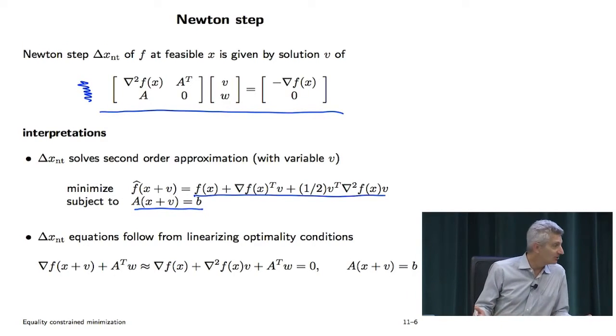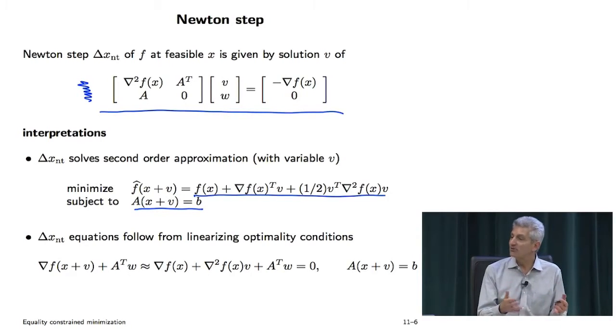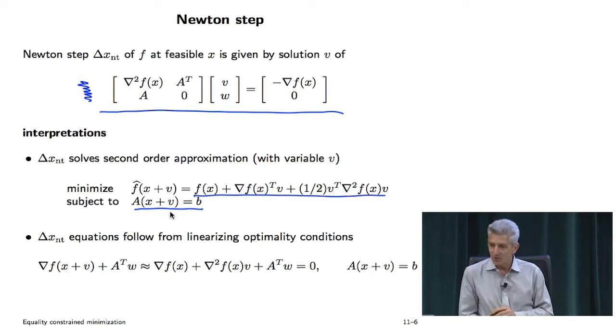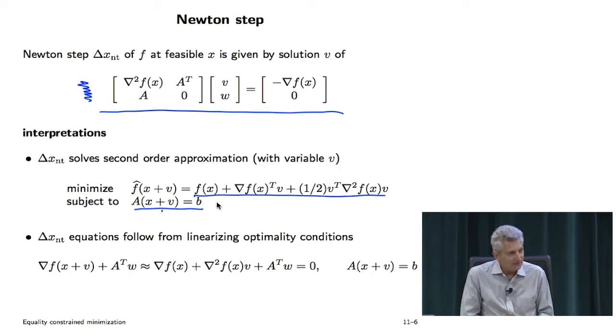Or you could even implement the linearized method, and you would call it on an affine function, and it would simply return itself. So this would be just fine. How do you linearize the equality constraints? They're just the same. Now, this we know how to do, because this is minimizing a convex quadratic in v subject to equality constraints. And all you do is solve this equation here, and that gives you v and w.